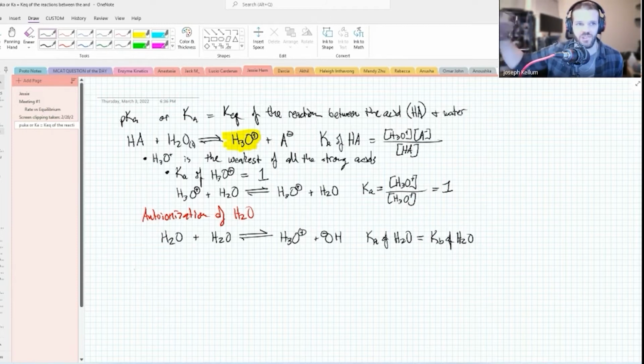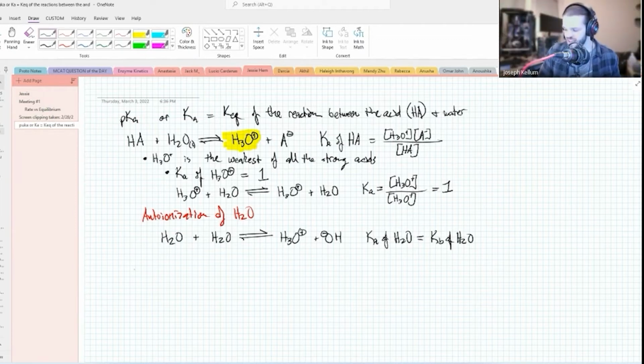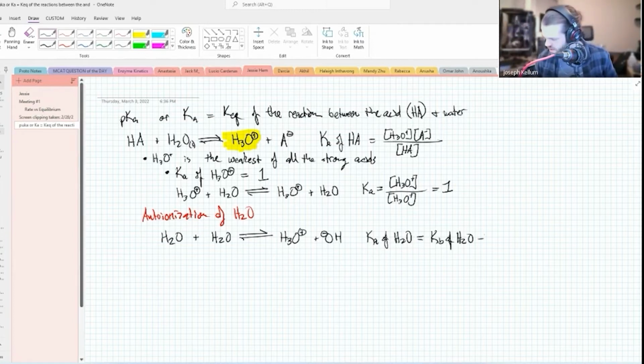To talk about the Ka, you just have to react an acid with water. Here we're doing both. So the Ka and the Kb are the same thing, because they're both H3O plus times OH minus over just 1, because you've just got water on the other side and it's a liquid.